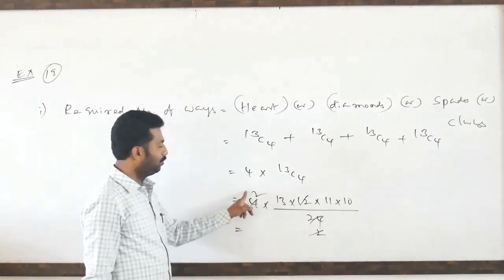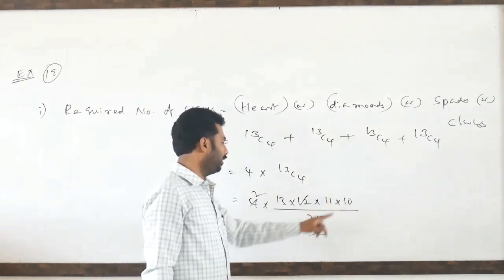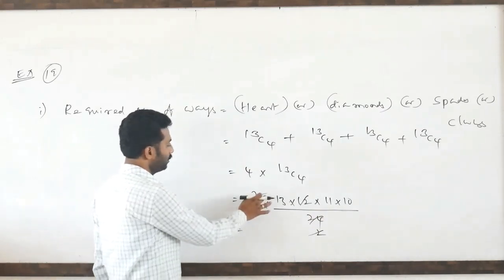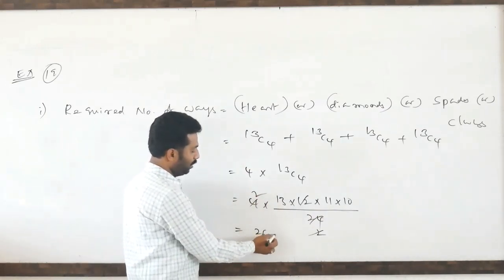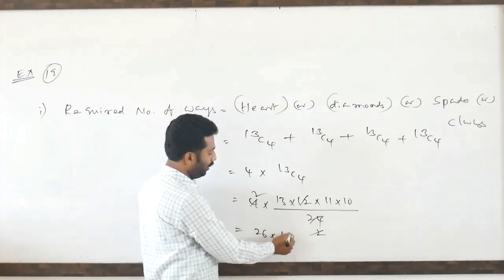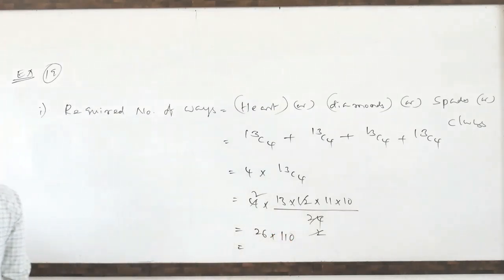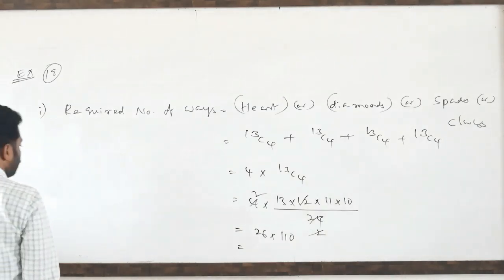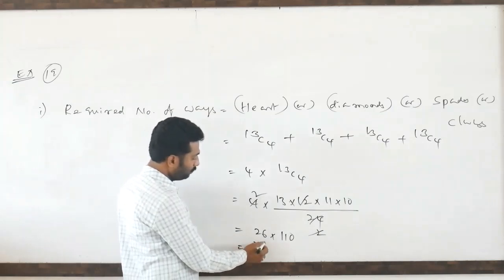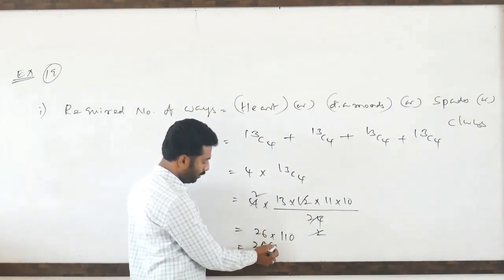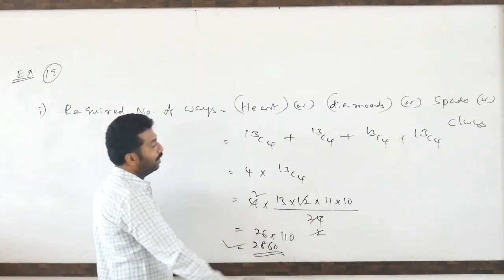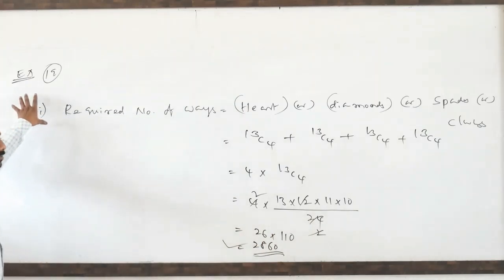If you multiply 2 into 13 into 11 into 10, finally this is 26 into 110. If you multiply this, what you will get? 2860 will come. So like that we have to answer the first one.